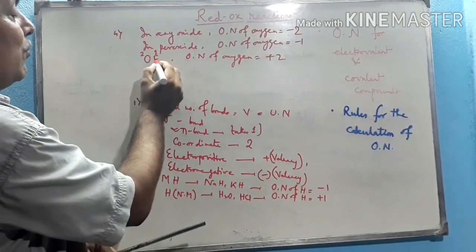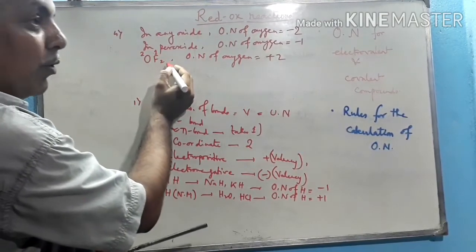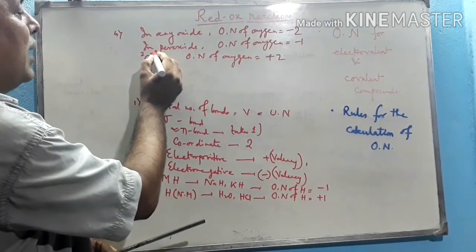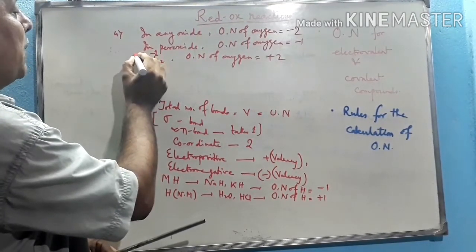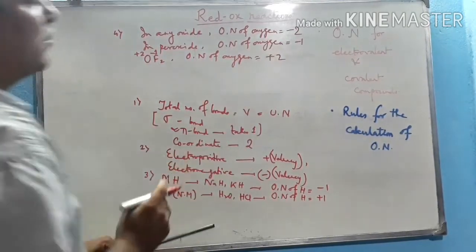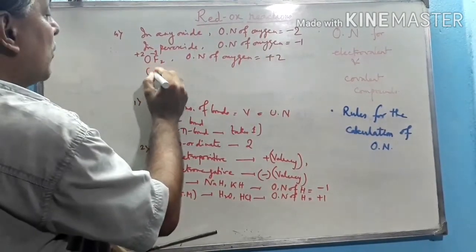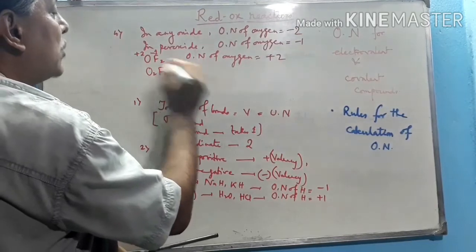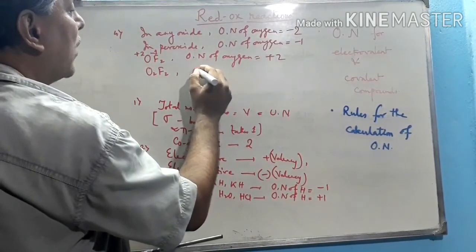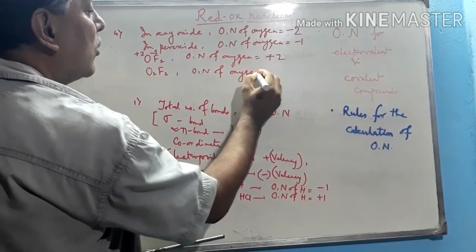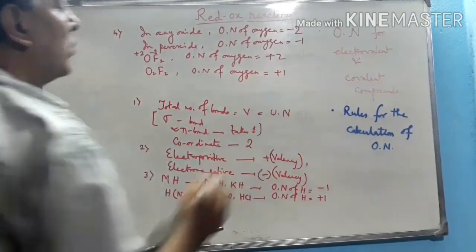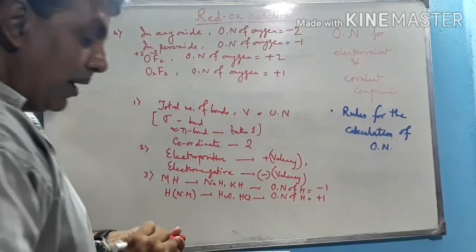Oxygen is more electropositive as compared to fluorine. Fluorine is the most electronegative, so assign a prefix minus, and in case of oxygen assign a prefix plus. That's why the oxidation number of oxygen is +2. In case of O2F2, which is also a fluoride of oxygen, the oxidation number of oxygen is not -1, but here it is +1. So the fourth point is this.